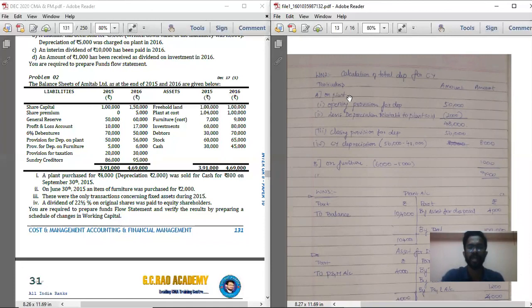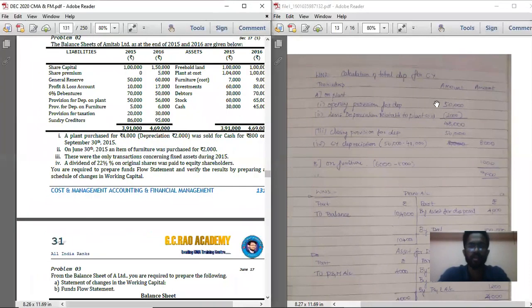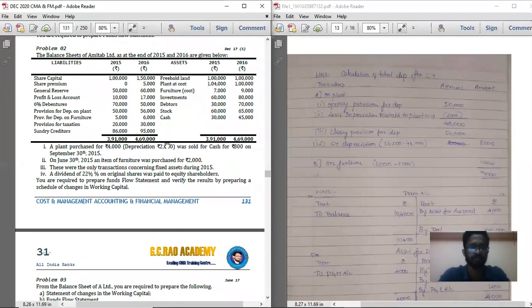First, capital A, on plant. Below that, small Roman number 1, opening provision for depreciation. On plant, how much is the opening provision for depreciation? 50,000. So in the inner amount column, record 50,000. On that 50,000, how much relates to plant sold?